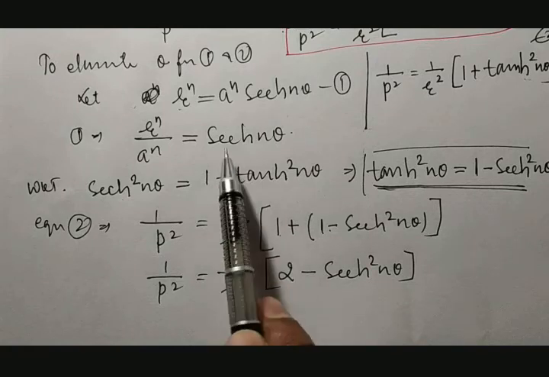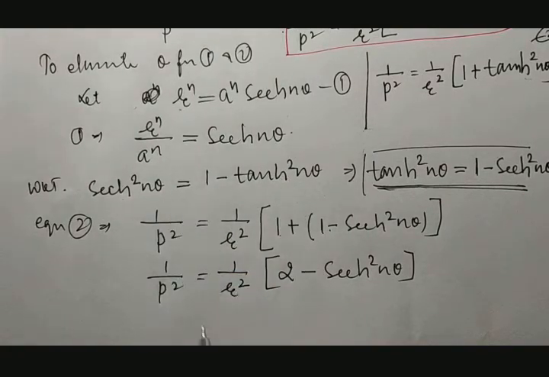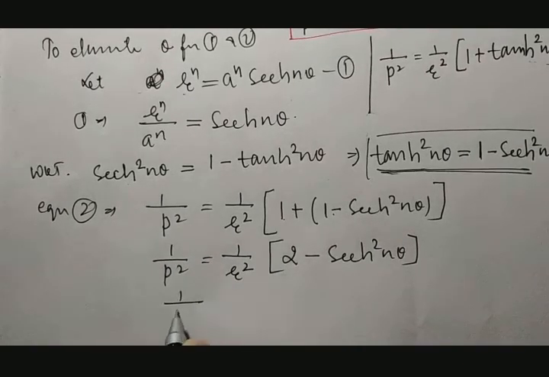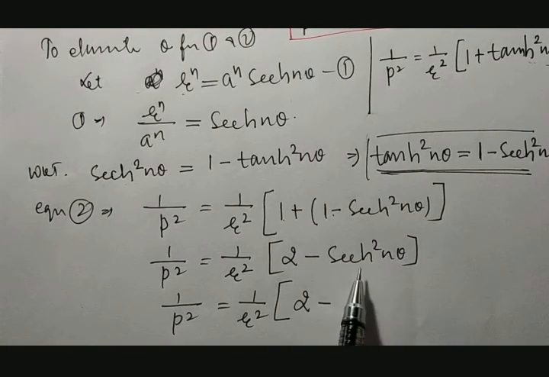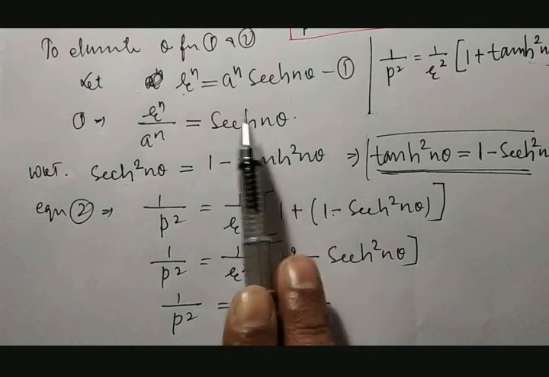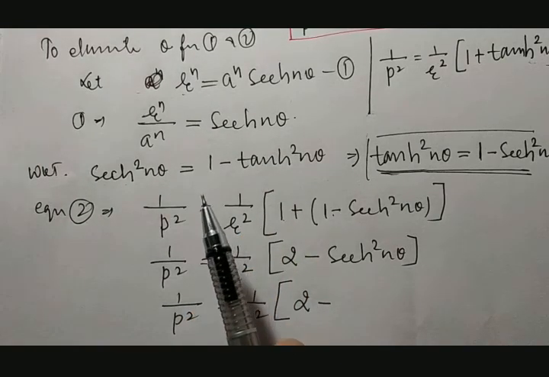But we know that sech n theta is nothing but r raised to n by a raised to n. Therefore, 1 divided by p square is equal to 1 divided by r square into 2 minus the square of r raised to n by a raised to n.